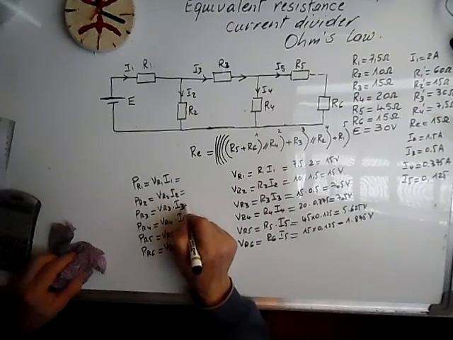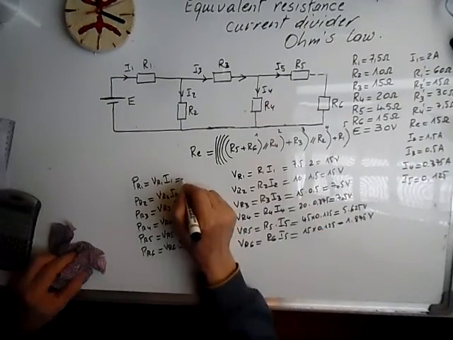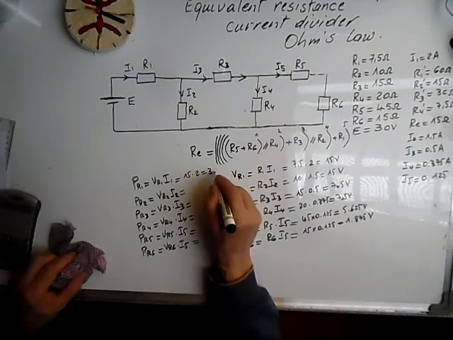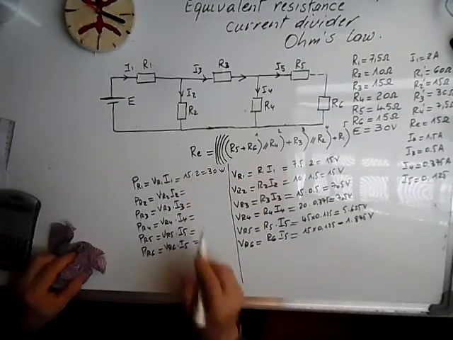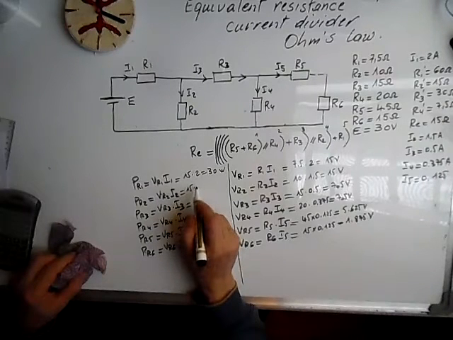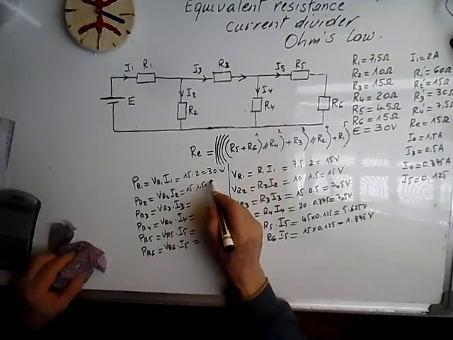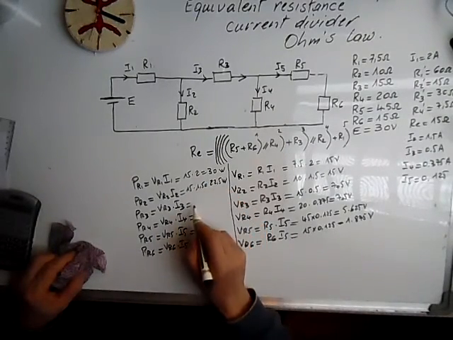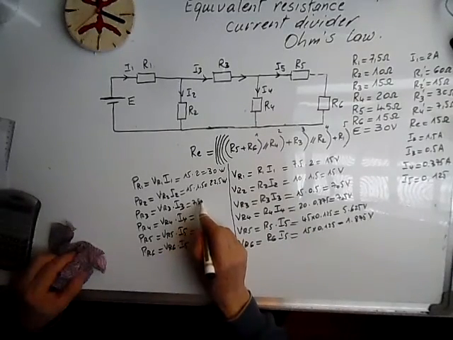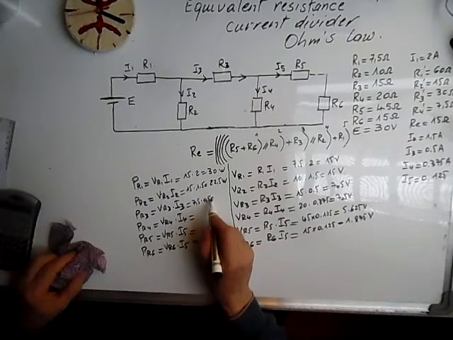We can write down all of these. VR1 is 15 times I1, which is 30 watts. VR2 is 15 times I2, I2 is 1.5, and it will give us 22.5 watts. VR3 we calculated here, 7.5 times I3, which is 0.5.